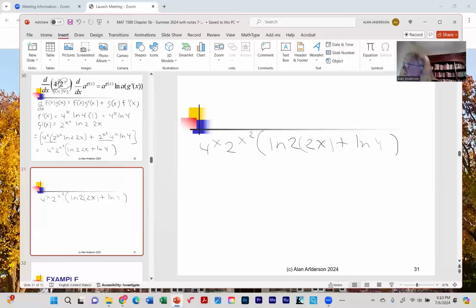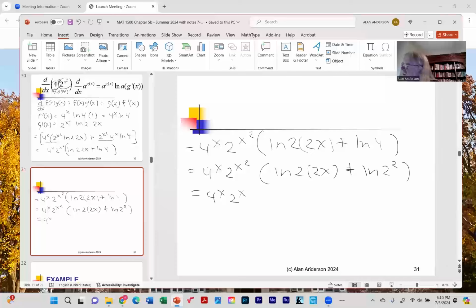All right, so the one thing we do know here is that the log of 4 is the same thing as log of 2 squared, which can in turn be written as 2 log 2.